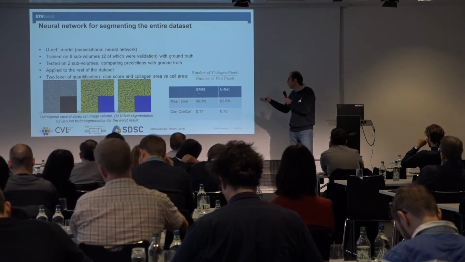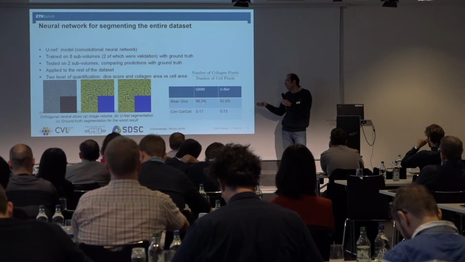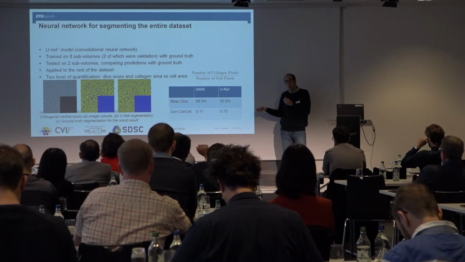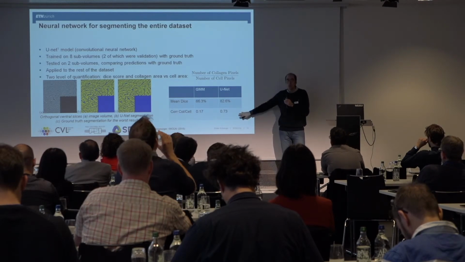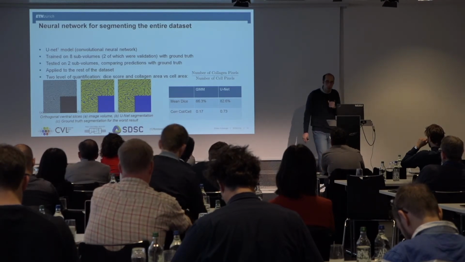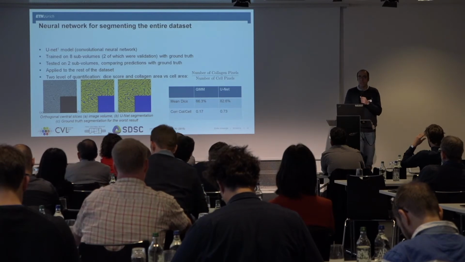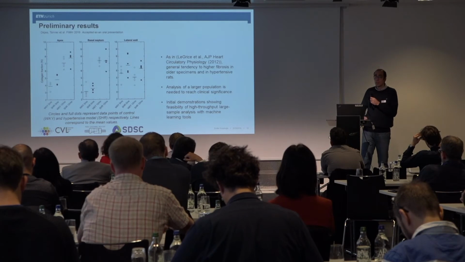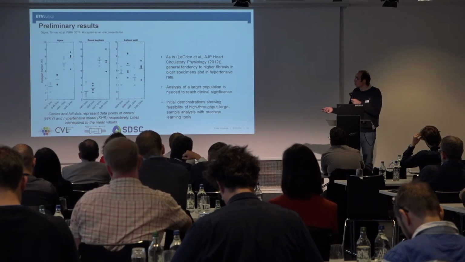The simple model is doing okay with the dice, but when it comes to the scientifically interesting question, the measurement, it's doing quite badly. The neural network that was learned from the labeled data was able to perform much, much better.